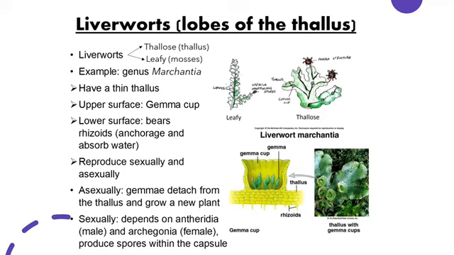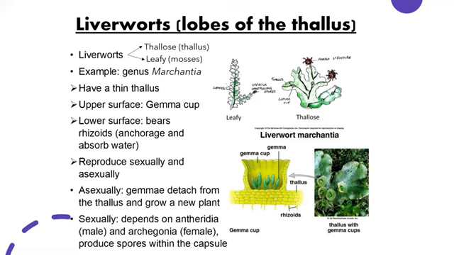The upper surface is divided into diamond-shaped segments with a small pore, and the lower surface bears numerous hair-like extensions, which are these, rhizoids, that project into the soil. Rhizoids serve in anchorage and assist in the absorption of water. Anchorage basically means the attachment into the soil.